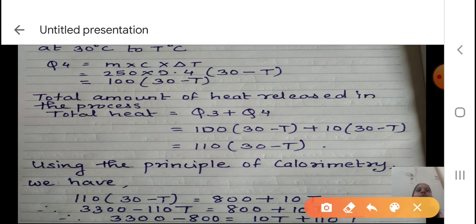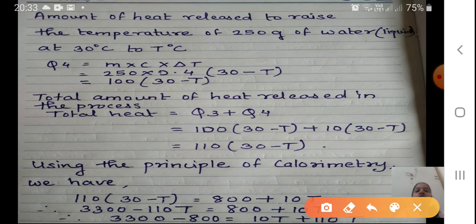Q4 will be 250 into 0.4 multiplied by 30 minus T. Again, what you get is 100 times the bracket 30 minus T. This is your Q4.